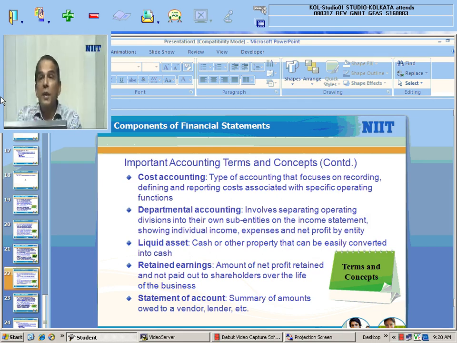Retained earnings, I came across that term earlier also. This is the amount of net profit retained in the business. The company which earns profit at the end of the year may retain the whole part of the profit in the business, and it may not be distributed to the shareholders or the owners of the business, because the company constantly needs funds to grow its business.